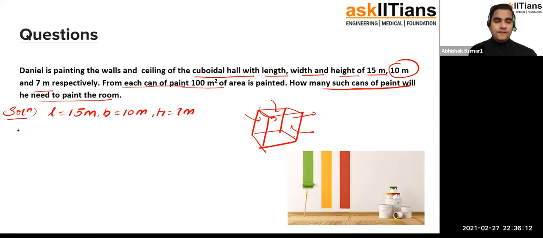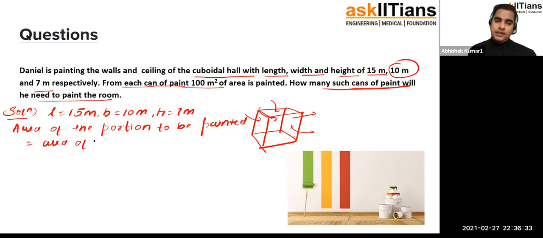Clear? So we have to find the area of the portion to be painted. We need to paint the area of 4 walls plus the area of the ceiling.